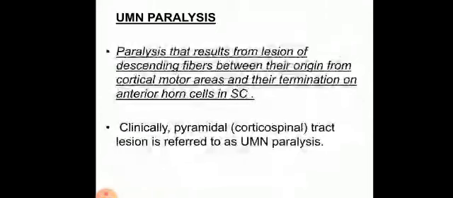We have a few more tracts to be discussed, and I need to give you inputs on upper motor neuron paralysis and lower motor neuron paralysis, which I'll be doing in tomorrow's class. I'm keeping the classes to 25 to 30 minutes so that uploading becomes a little easier for me. So I think you can be ready with whatever I have done today.